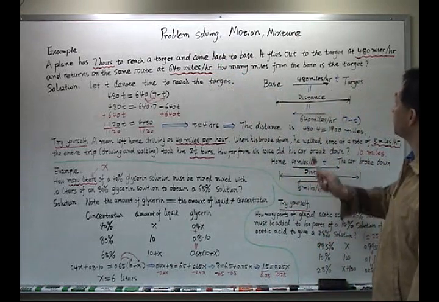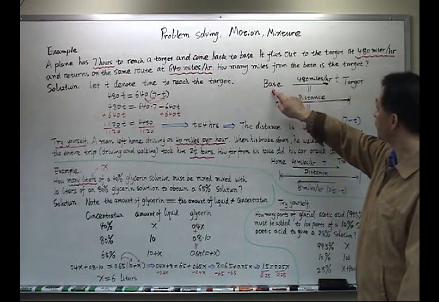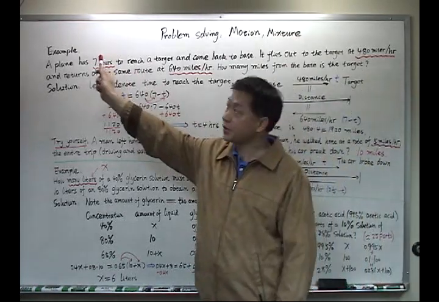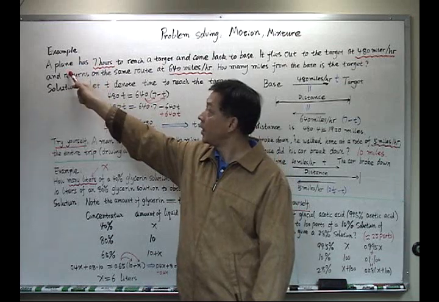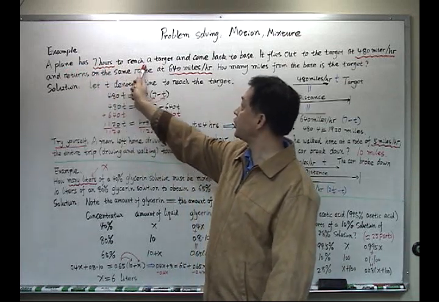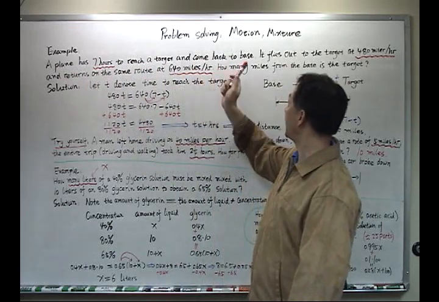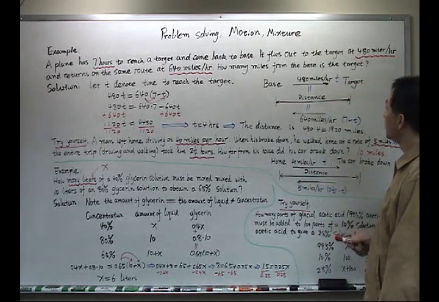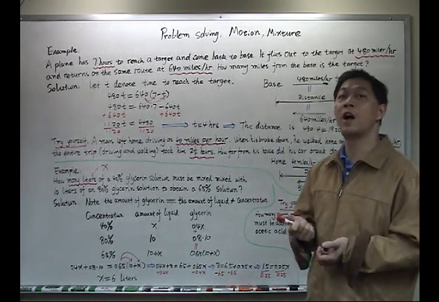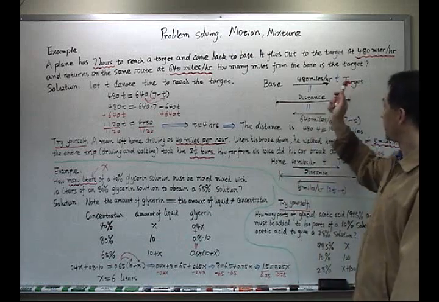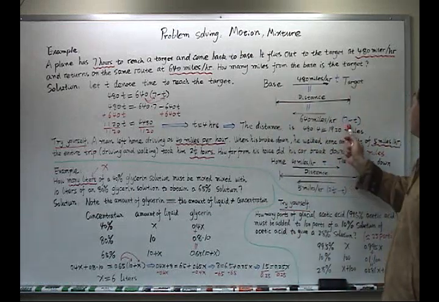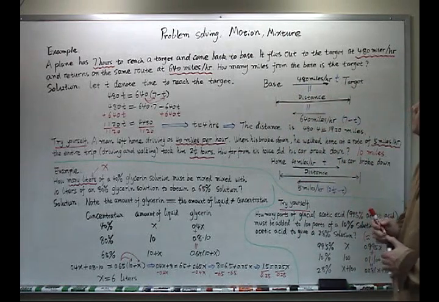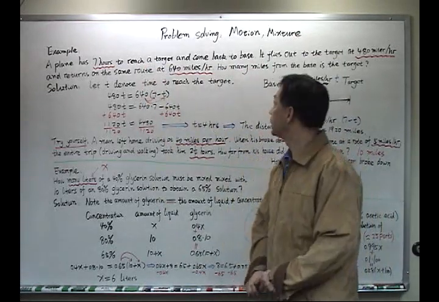So if you assume the time from the base to reach the target is t, then the total time is 7 hours. From the target to the base would be 7 minus t. So we figured out the information from the first sentence.